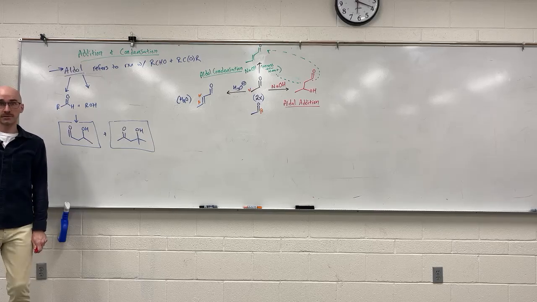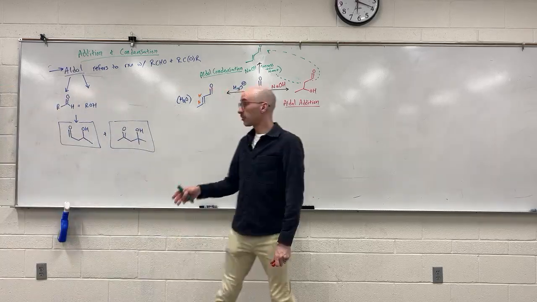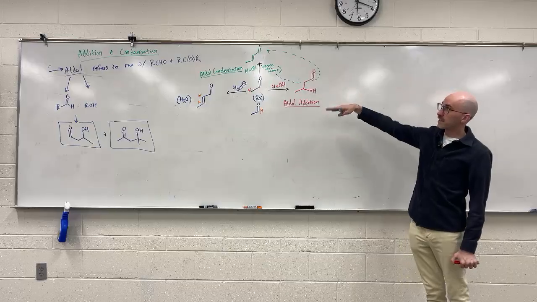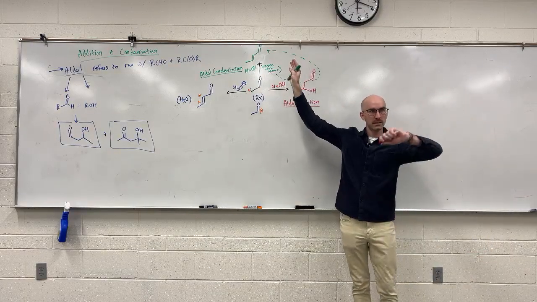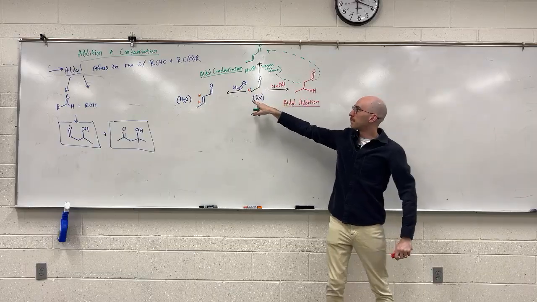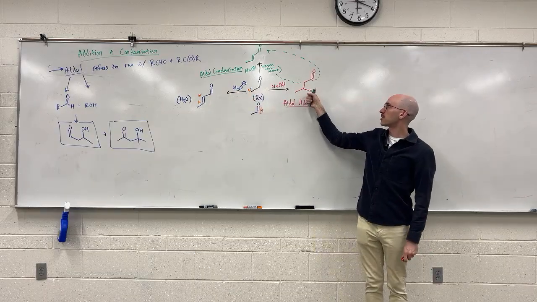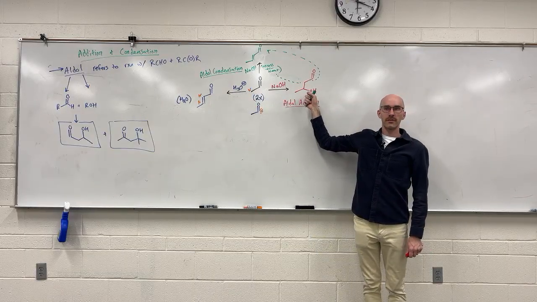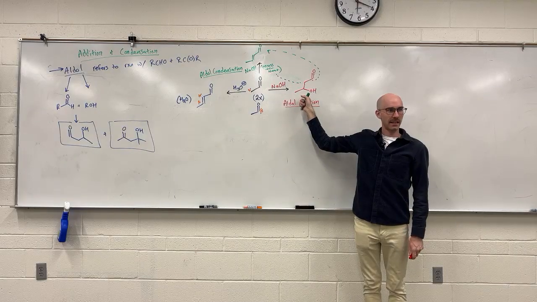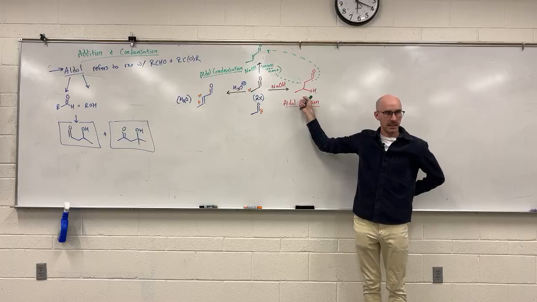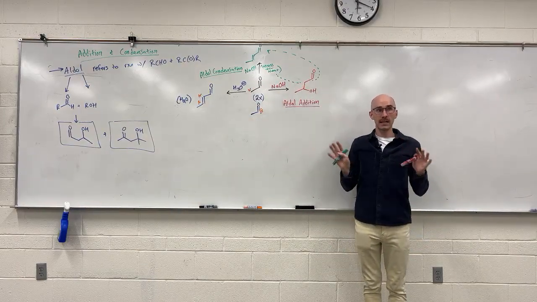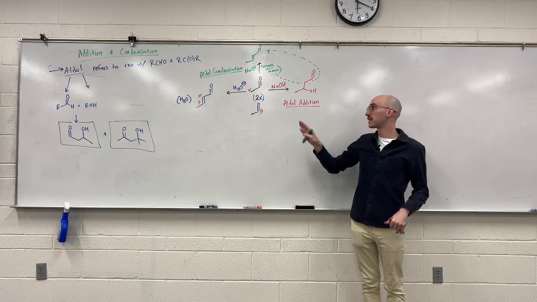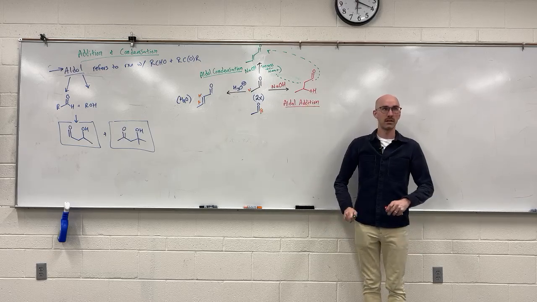It's an intermediate, absolutely, in both acid catalyzed condensation and base catalyzed condensation. But in acid catalyzed condensation, it is too reactive to the acid catalyst, and so the addition intermediate can't be isolated. It will just keep reacting. In base catalyzed conditions, you can control the conditions well enough to isolate the addition product.